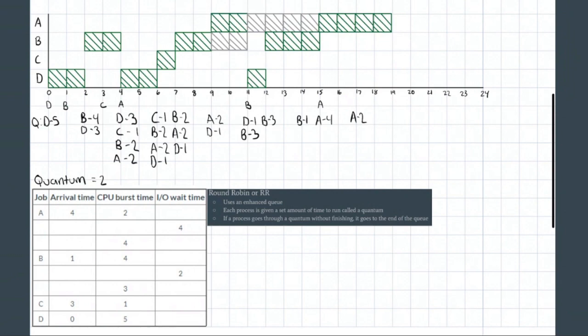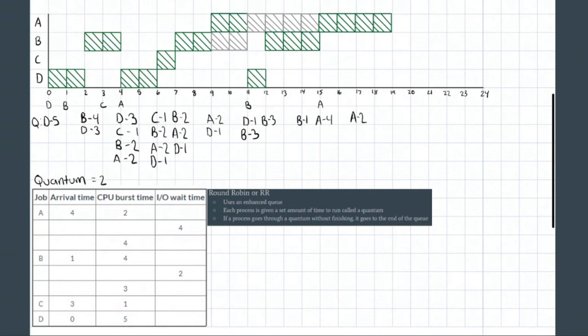Yeah, we did factor in the wait time. So if you look at the picture, the grayed out parts, that's where we are considering the wait times. So for example, for A, at time 9 and 10, we ran for its quantum of 2, and that happened to correspond with its CPU burst time of 2.